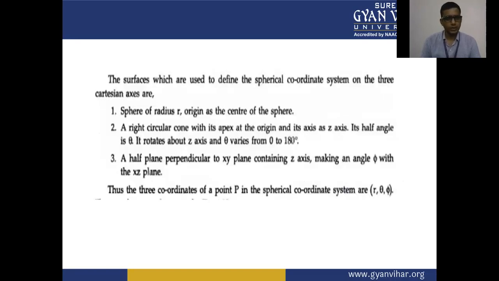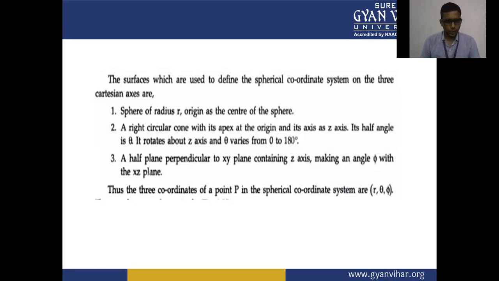The surfaces used to define the spherical coordinate system on the three Cartesian axes are a sphere of radius r with the origin as the center of the sphere, a right circular cone with its apex at the origin and its axis the z-axis, whose half angle is theta.